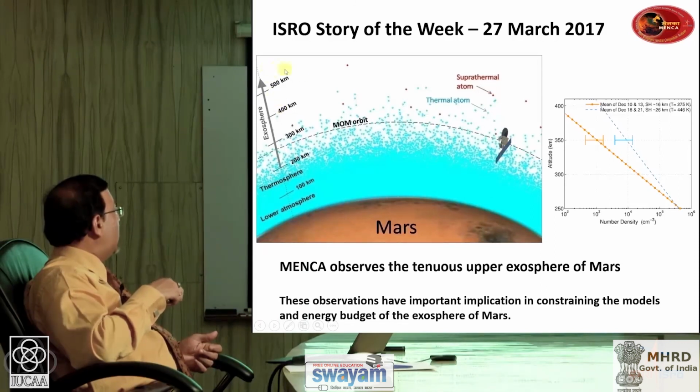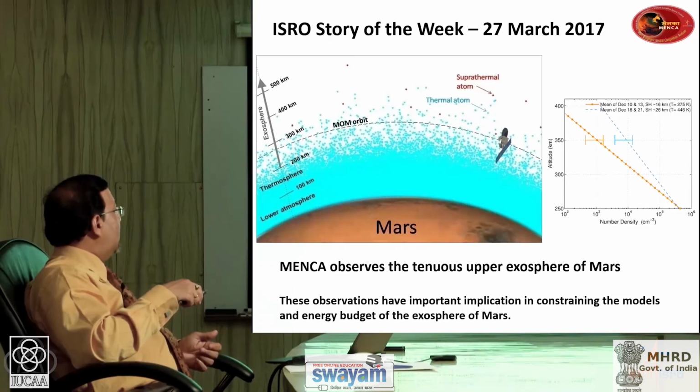This is the MOM orbit around Mars at its closest approach, and at this kind of orbit we have seen that there are 2 different temperature profiles or 2 different density profiles for argon, which in turn means that argon has a much higher temperature when we are seeing this kind of density profile because the gradient is different.